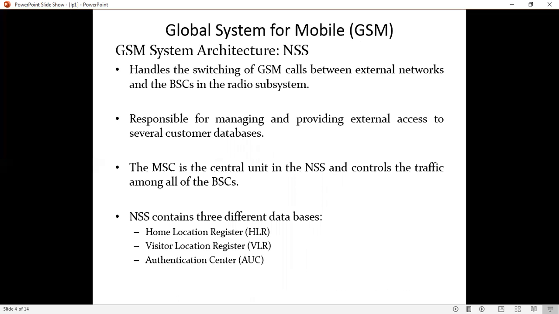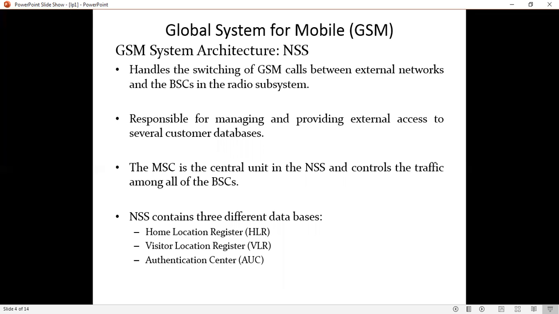The NSS of GSM will handle the switching of GSM calls between the external networks and the BSC into the radio subsystem. So it is responsible for managing and providing external access to several customer databases.